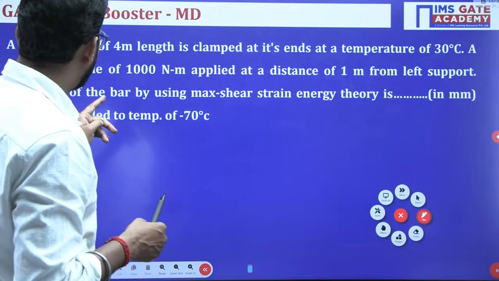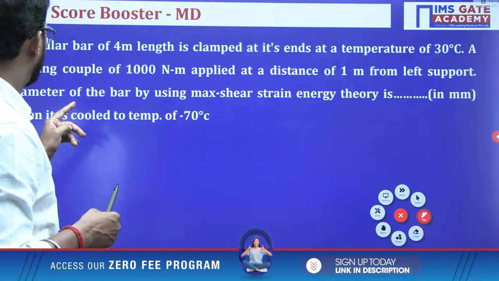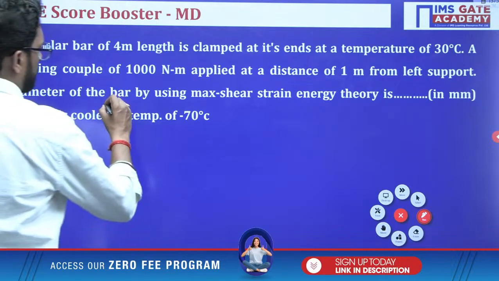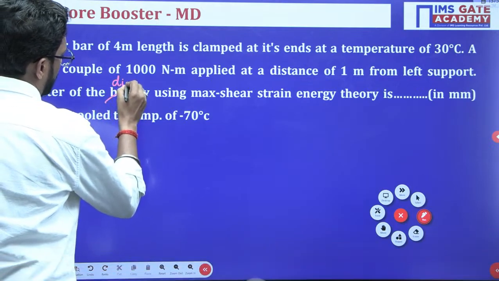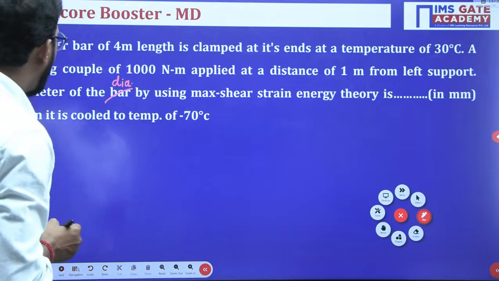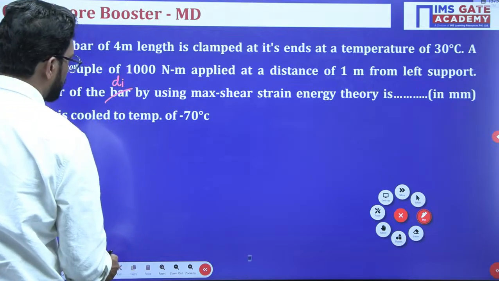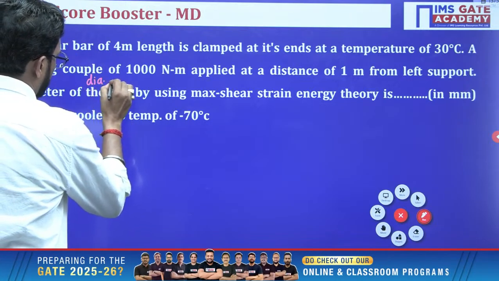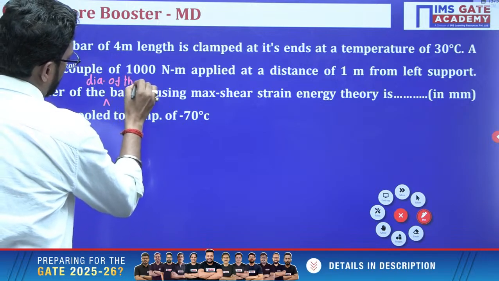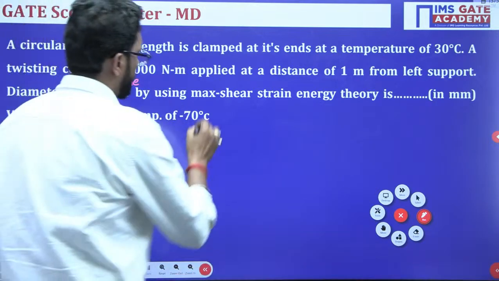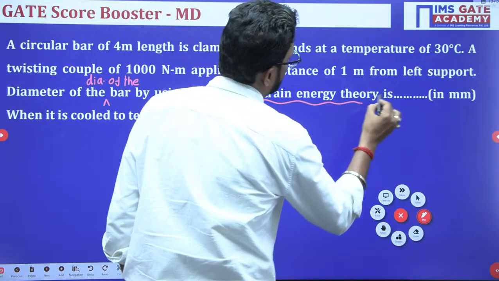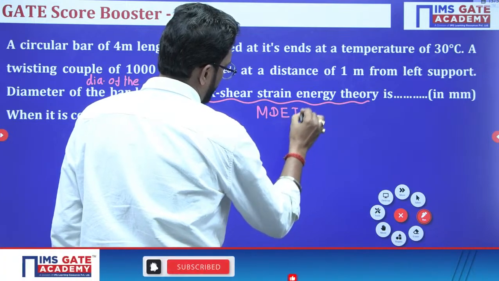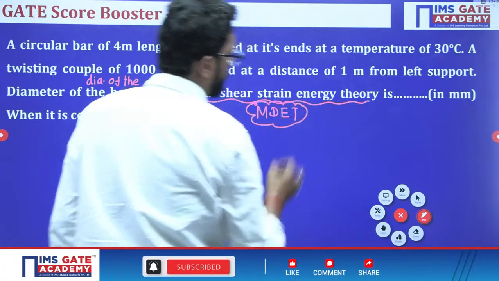Determine the diameter of the bar by using the maximum distortion energy theory, again MDET, in mm.